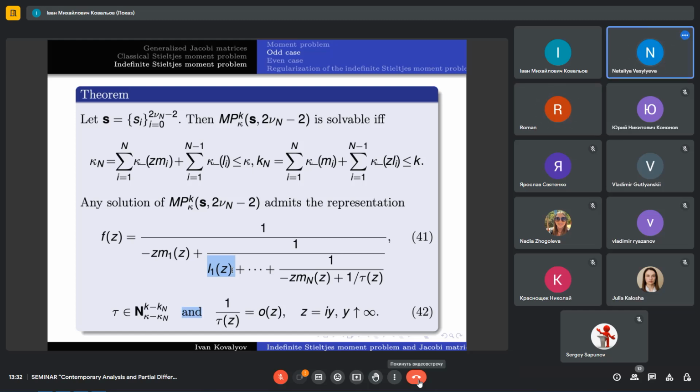For example, in some elliptic problems with dynamic boundary conditions and irregular domains, after the Laplace and Fourier transformations you transform this boundary problem to difference equations. And to find a solution of difference equations, some knowledge is necessary. That is the application for PDE.